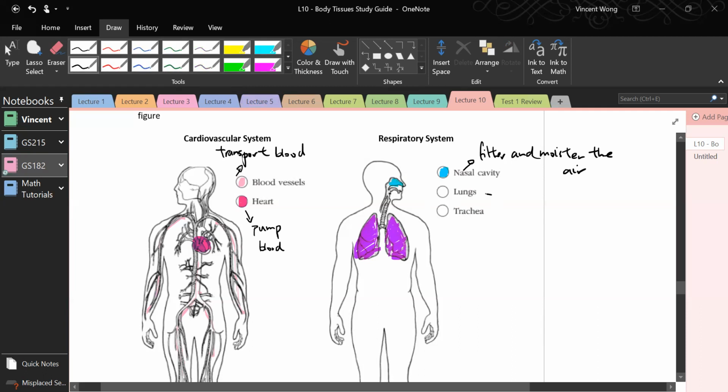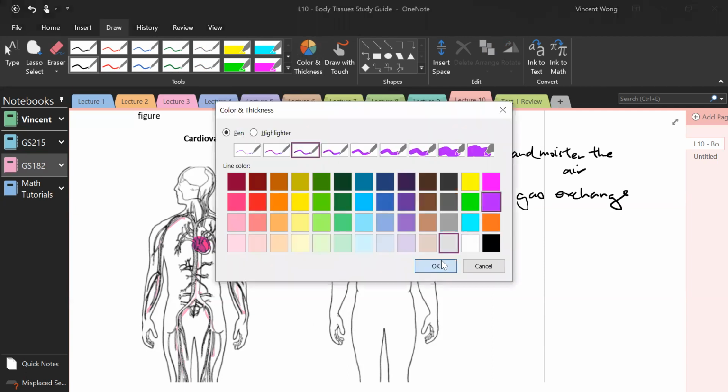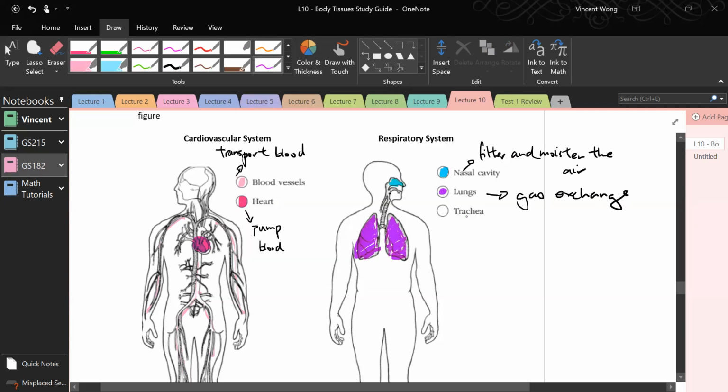Lungs are for gas exchange. And the trachea is right here, your windpipe. That's to take air to the lungs.